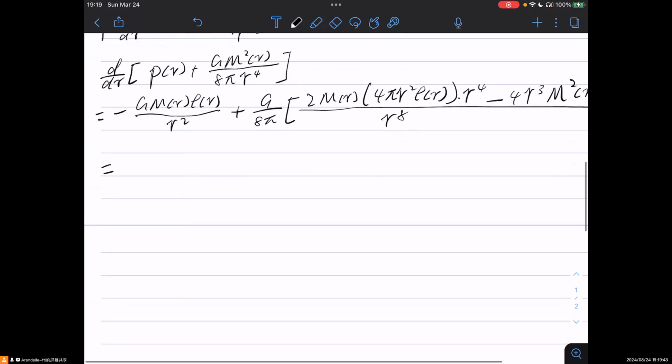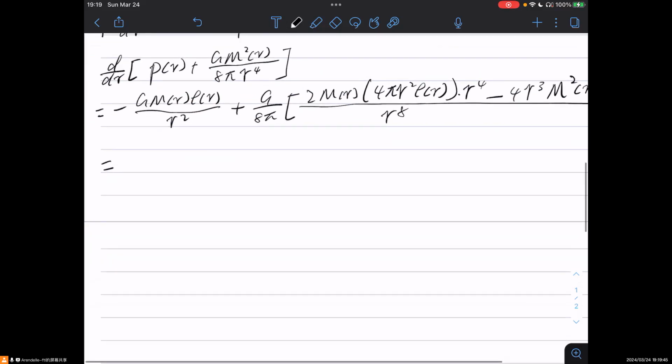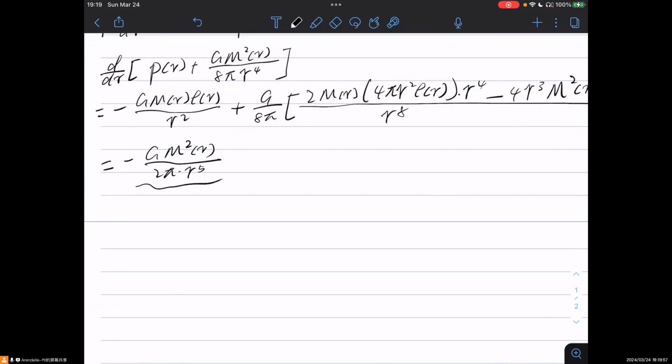And simplifying the whole expression, we obtain minus G m squared over 2 pi times the fifth power of r. This value is obviously non-positive.